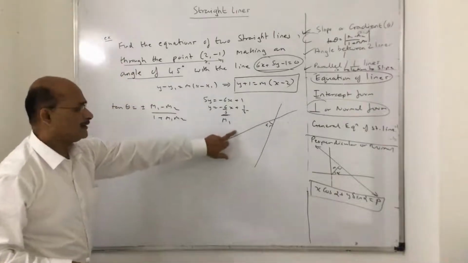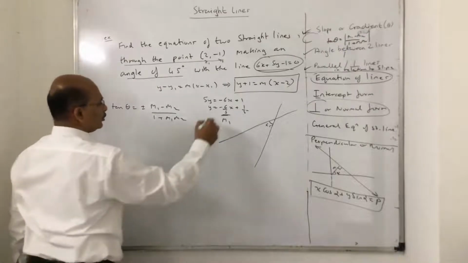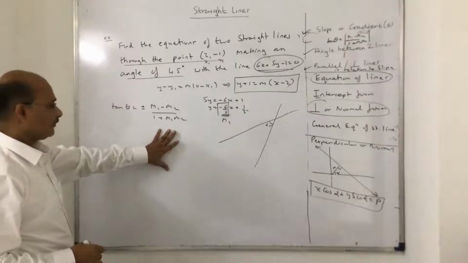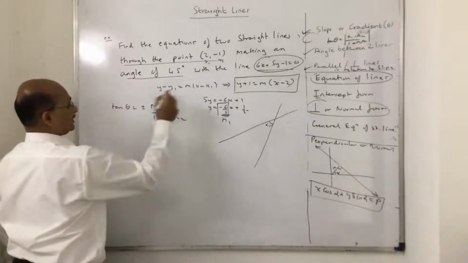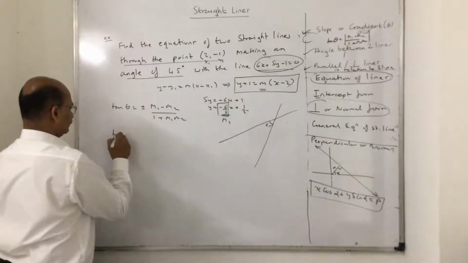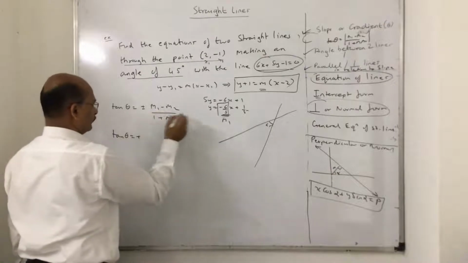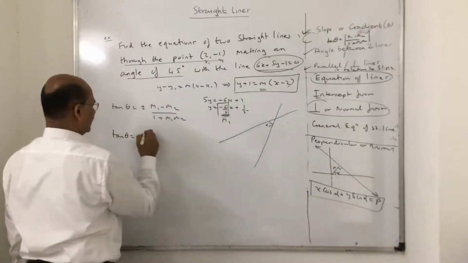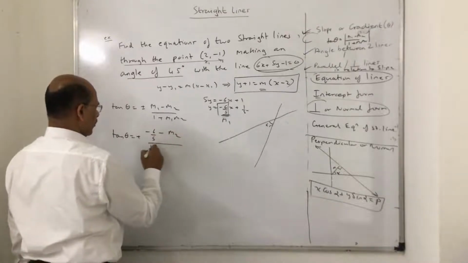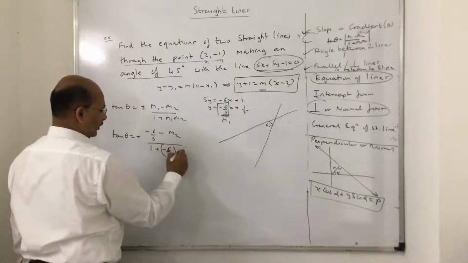I don't know the other line. Remember this, the other slope I don't know. So I am going to utilize minus 6 upon 5 over here and see what happens, because I need to find m in actual. So tan theta is equal to m1, which I have taken as minus 6 upon 5, minus m2, upon 1 plus m1 into m2.